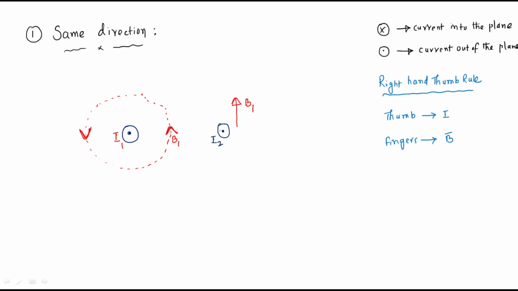Now the second conductor also has the same current direction as conductor 1. This is also like this, right?